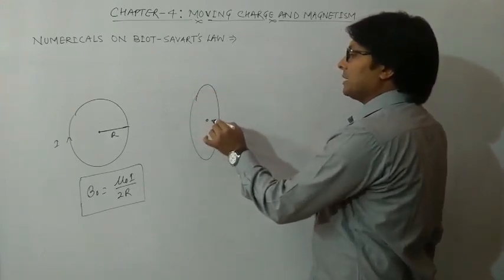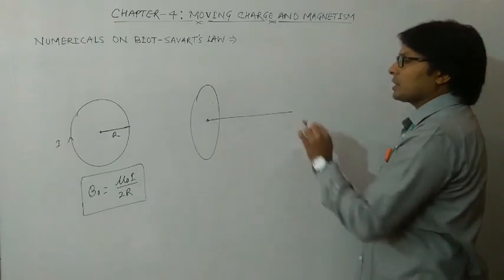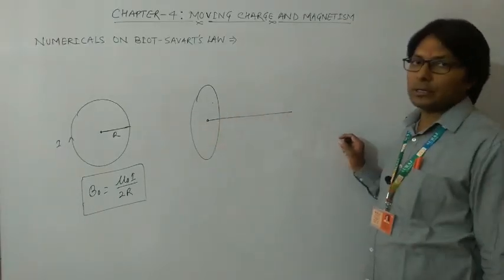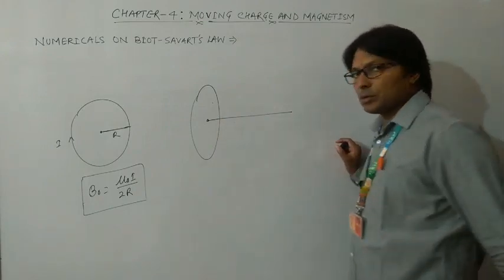Next, we discussed the magnetic field at the axis of a circular current carrying loop. The axis is the line perpendicular to and passing through the center of the loop.